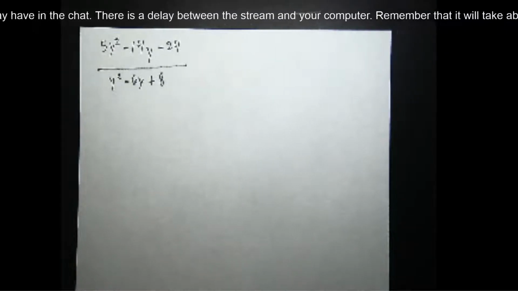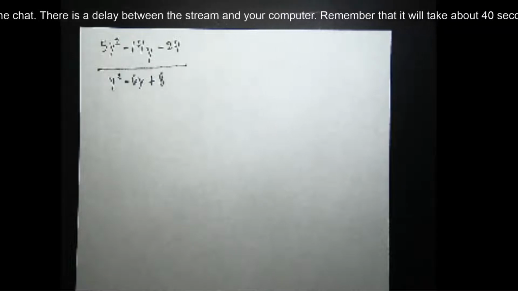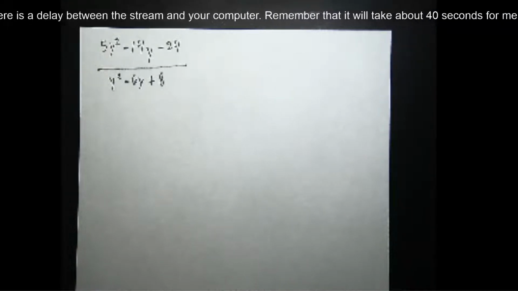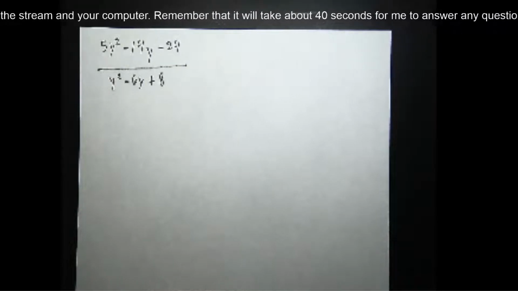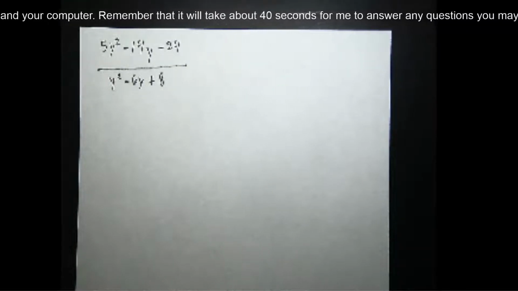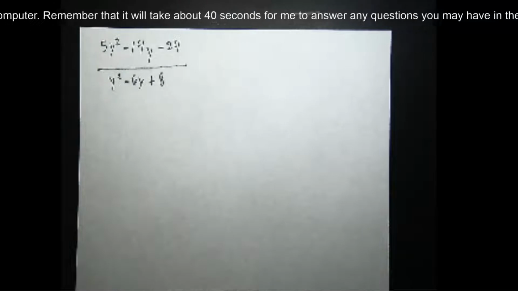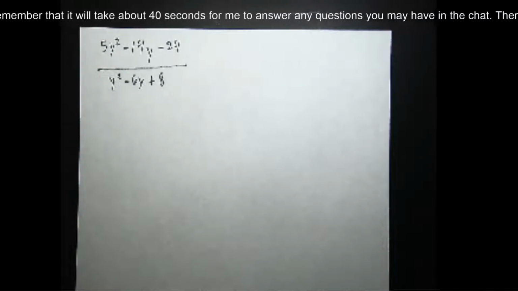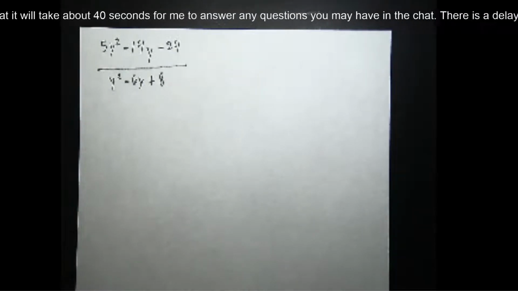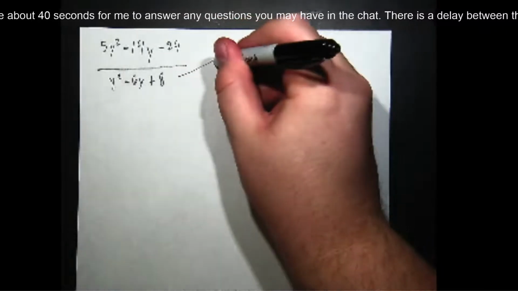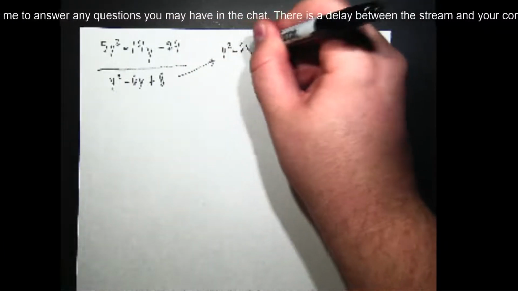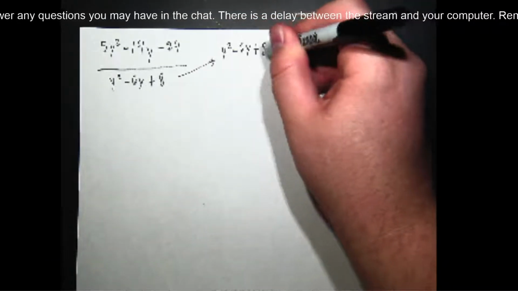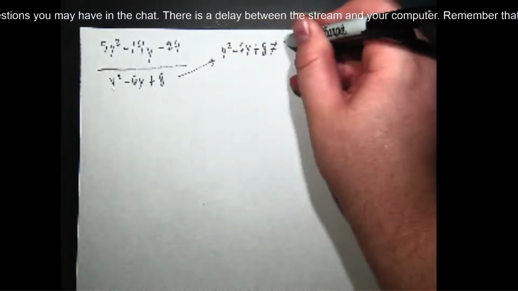Okay, so the first thing we should really do is find that domain. Find any excluded values. And for a rational expression, that means that the bottom cannot be equal to 0. No matter what we have, if it's a rational expression, that bottom cannot be 0. So we take whatever's on the bottom, in this case, y squared minus 6y plus 8, and say, all right, that cannot be equal to 0.